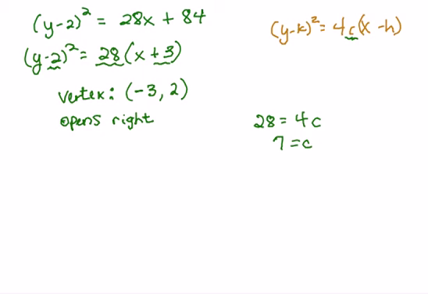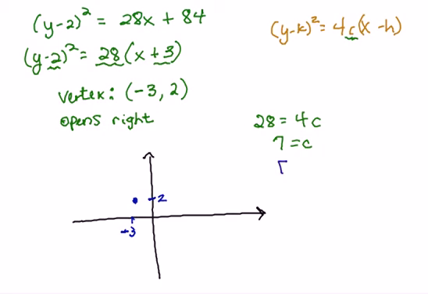So I'm just going to sketch a quick graph here. If we start with our vertex at negative 3, 2, I'm going to say that's about right here. And we know this is going to open to the right, so that means that my focus is going to be 7 units to the right of the vertex.